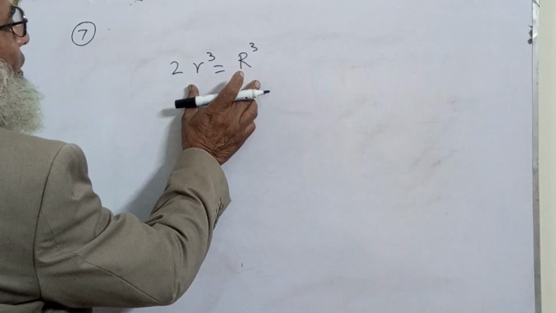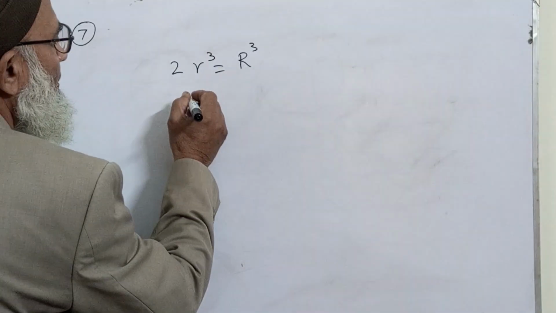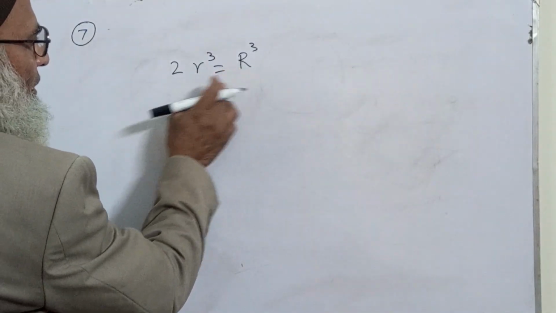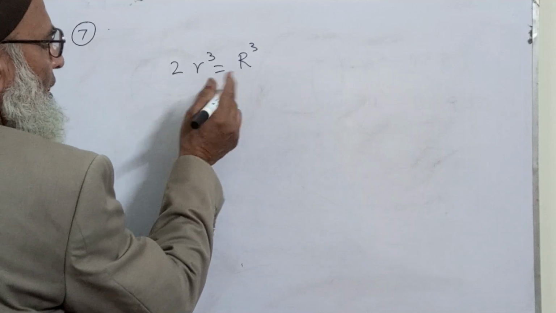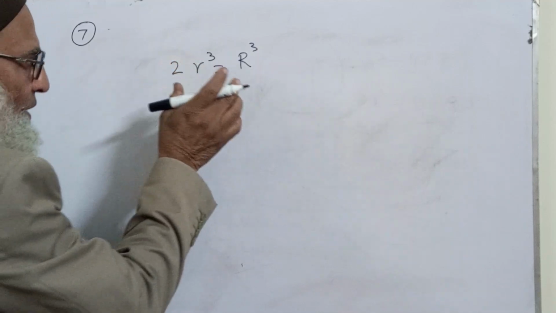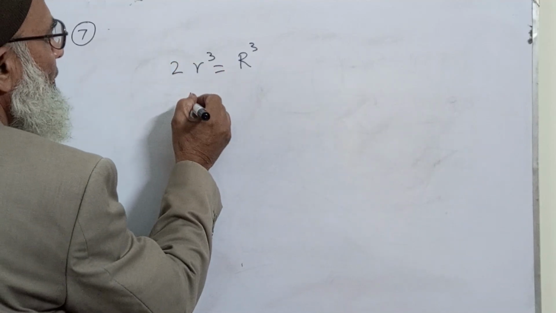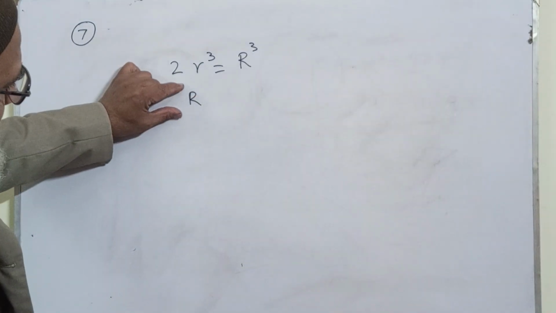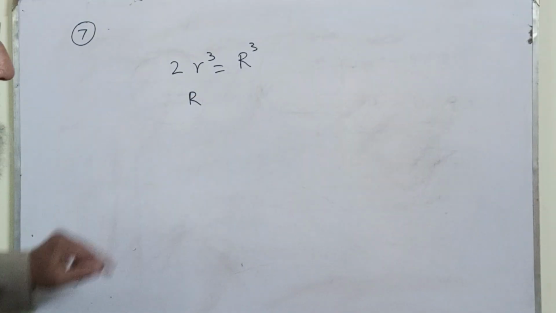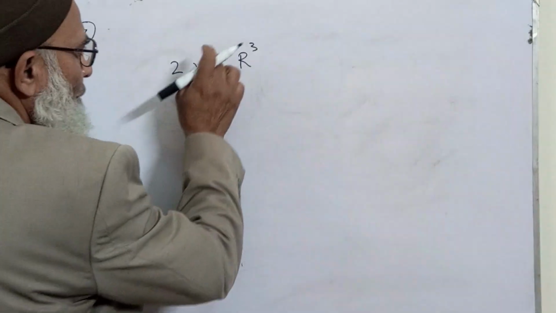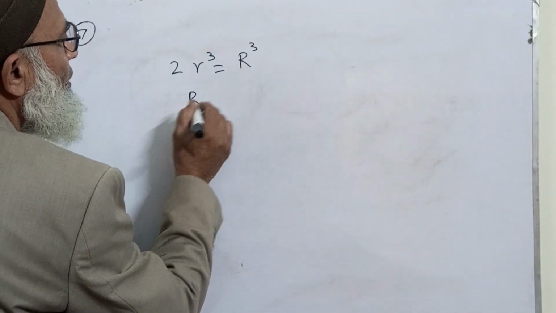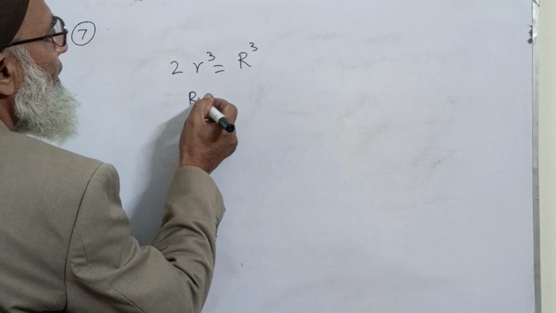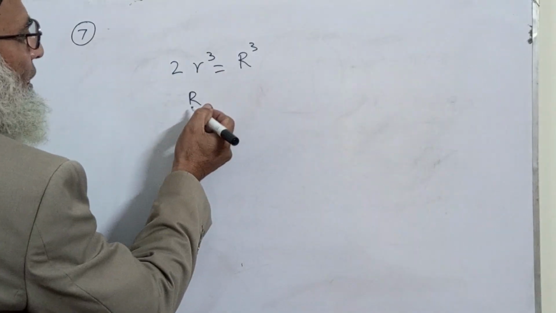Now we will find the relation. You can just finish your question up to here, but since we have to find the relation between R and r, not R cube and r cube, we'll divide over here.